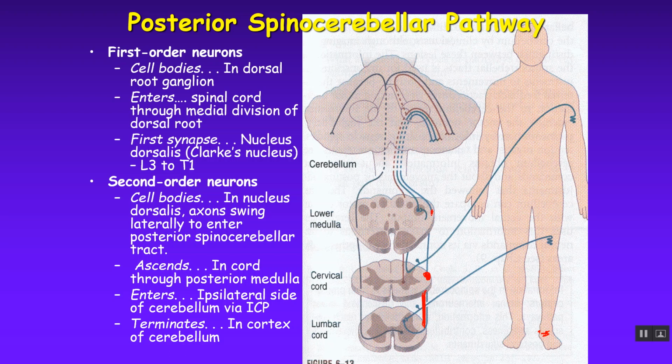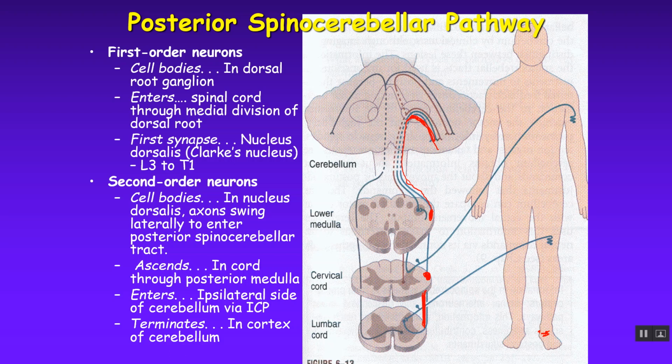And it's going to actually stay in the same region, this posterior and lateral region, up in the lower medulla. And then it's going to go up and enter into the cerebellum through the inferior cerebellar peduncle. Remember the little connecting stalks to the cerebellum? The inferior cerebellar peduncle is how things from below the cerebellum tend to get into the cerebellum.